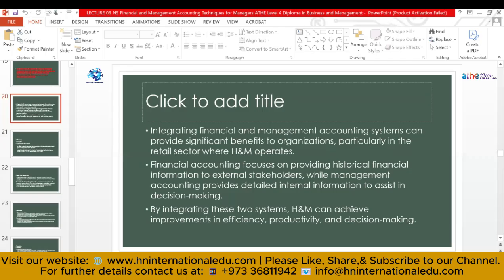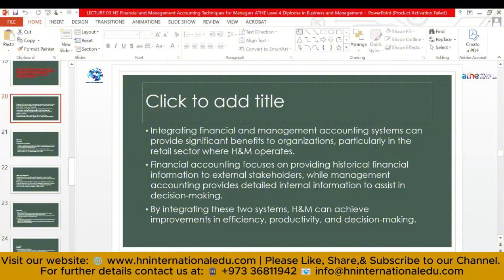Integrating financial and management accounting systems can provide significant benefits to organizations, particularly in the retail sector where H&M operates. Again, this is not an SME, it's a multinational. Financial accounting focuses on providing historical financial information to external stakeholders, so it mostly helps external stakeholders, while management accounting provides detailed information to assist in decision making.